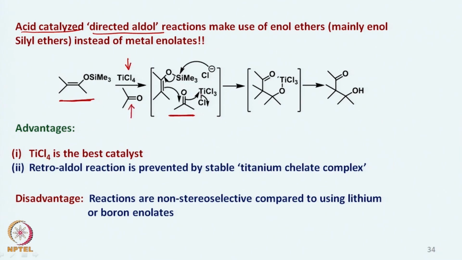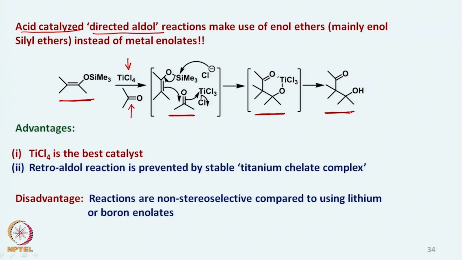When the carbonyl group is activated by titanium tetrachloride, the Cl minus which is released reacts with the silicon and cleaves the oxygen-silicon bond, and eventually it is trapped as the titanium complex like this, which upon hydrolysis leads to the formation of the aldol.